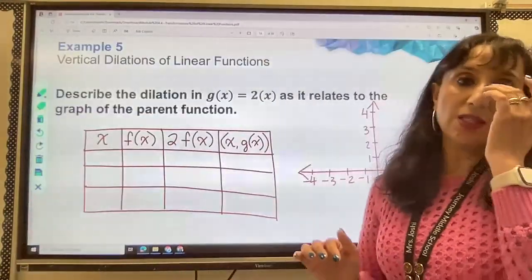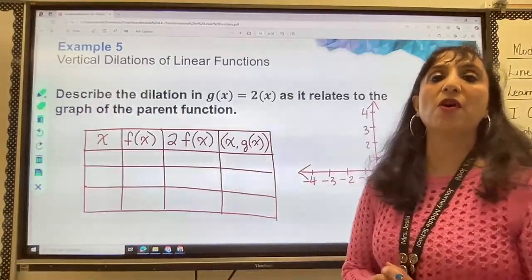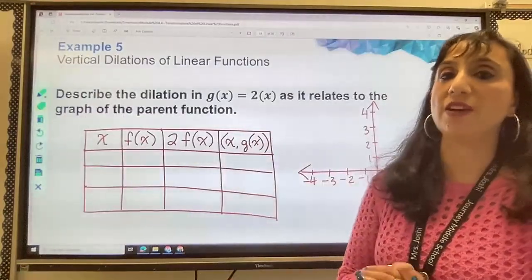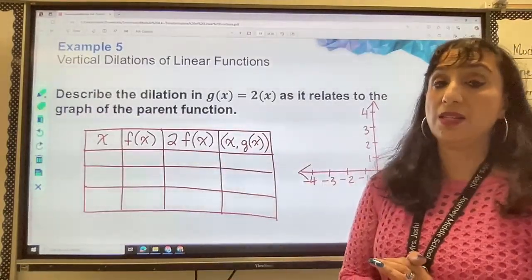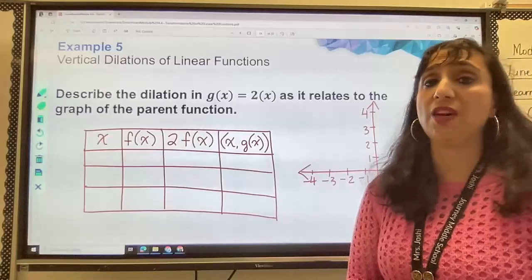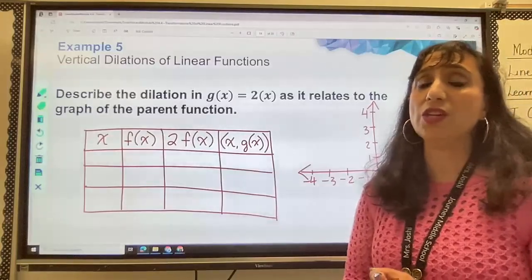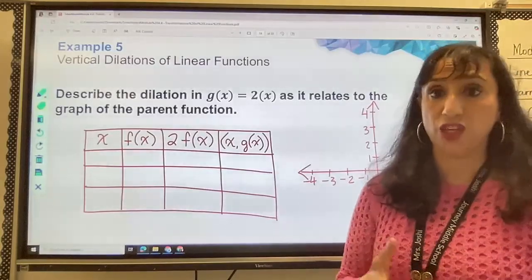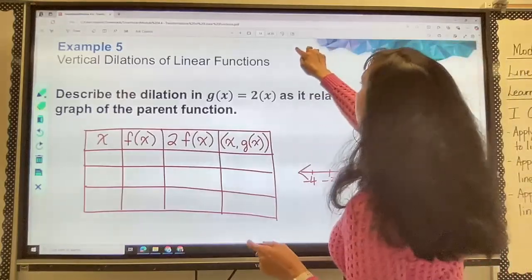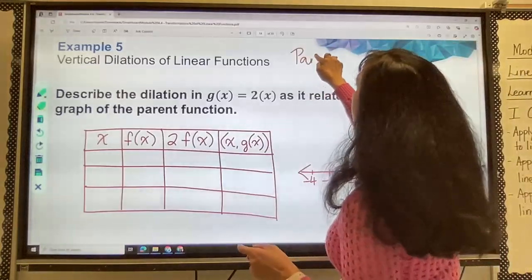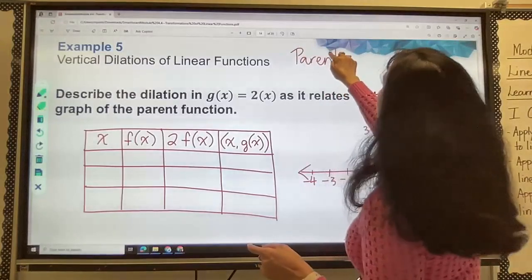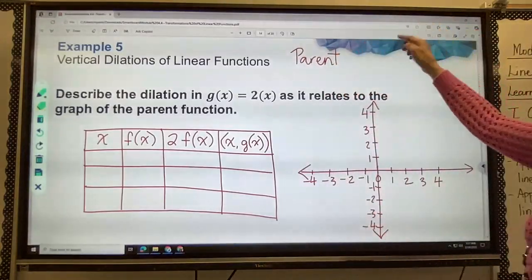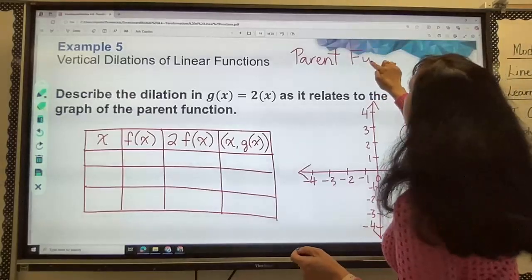So let's look at this problem, and we are talking about vertical dilations of linear functions. Describe the dilation in g of x is equal to 2x as it relates to the graph of the parent function. So if we know the parent function of the linear functions, what is our parent function once again?